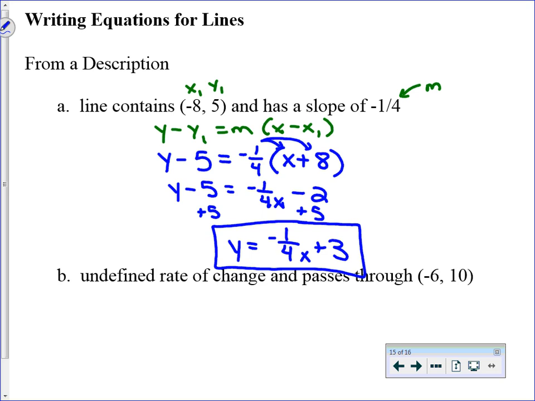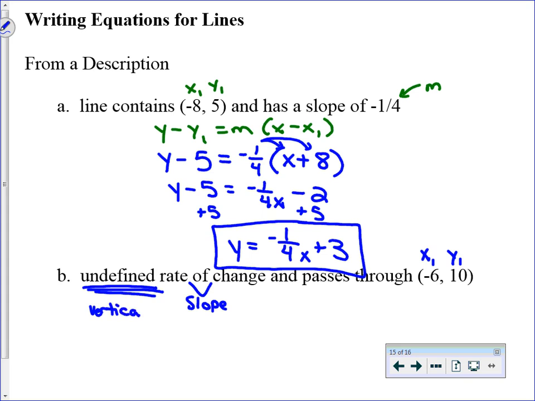The second equation that we have from a description is when it tells us we have an undefined rate of change and it passes through the point -6, 10. Well, there's a huge hint there. Right away, when you see that undefined rate of change, which means you have an undefined slope, that means you have a vertical line.